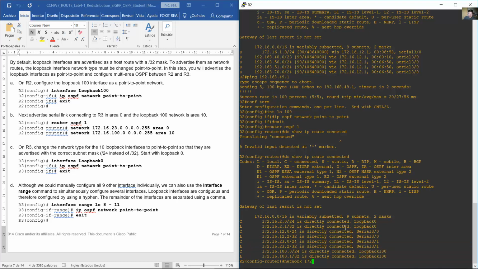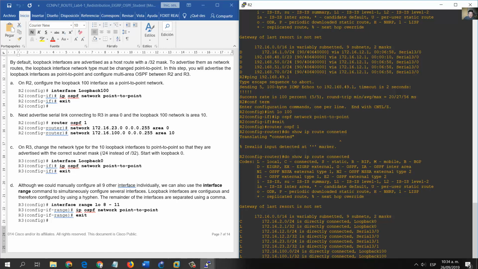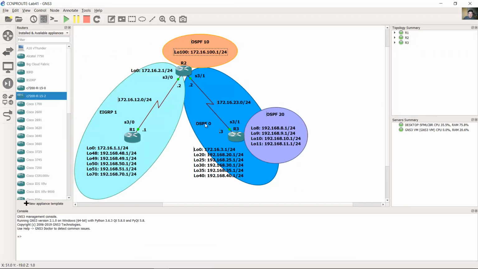Network 172.16.23.0 with wildcard mask on area 0. Okay, this is OSPF area 0. It's better. The process ID is 1, but the area is 0.